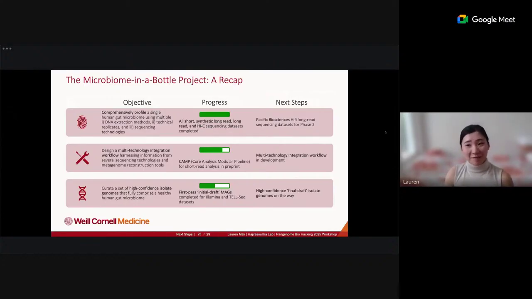So in terms of progress, I've made all my data sets already that I will be working on in phase 1 of Microbiome in a Bottle. Phase 2 will hopefully include PacBio HiFi, high quality long reads. In terms of designing the integration workflow, I have developed CAMP, a core analysis modular pipeline for short read analysis.